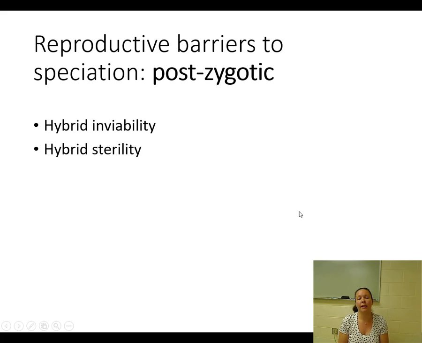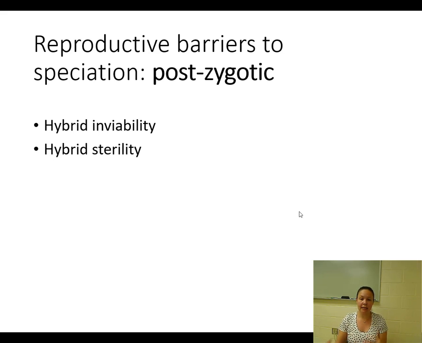When you look at postzygotic mechanisms or barriers to speciation, there's two: hybrid inviability and hybrid sterility. Both of those postzygotic mechanisms happen after the individual is born. So let's say you are able to take two members of different species and mate them, and you do have an offspring.